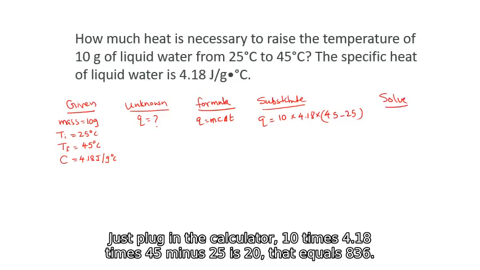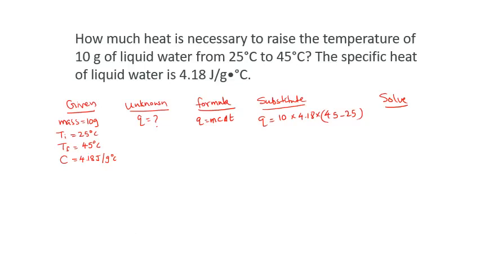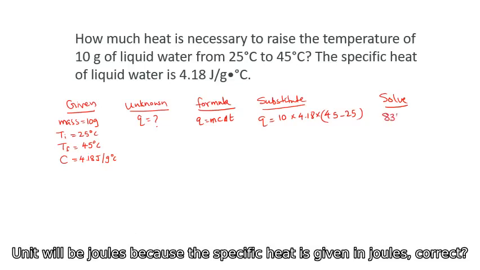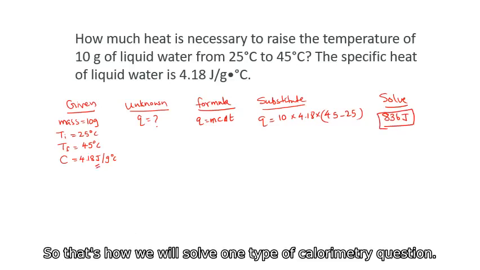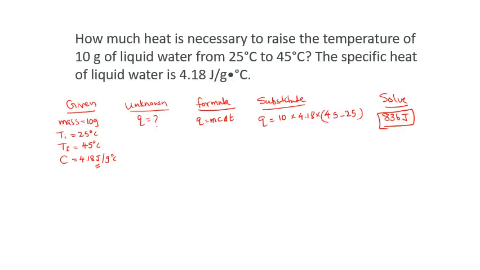Ten times 4.18 times (45 minus 25, which is 20) equals 836. The unit will be joules because the specific heat is given in joules. Correct? So that's how we will solve one type of calorimetry question.